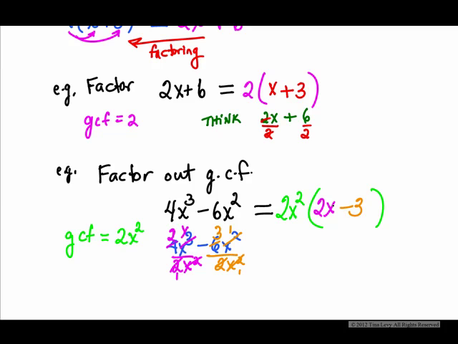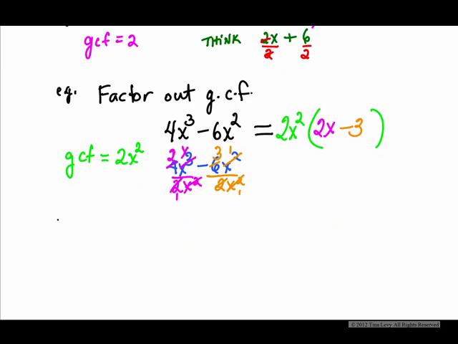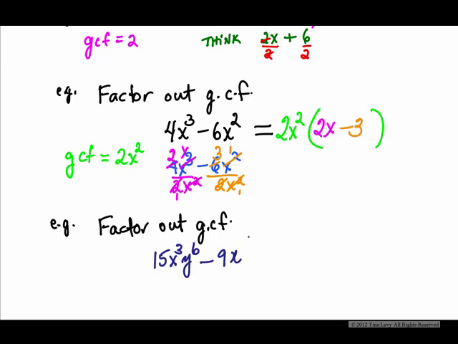Let's do one that's a little more complicated. Suppose I ask you to factor out the greatest common factor from the polynomial 15x cubed y to the 6th minus 9x to the 4th y to the 4th plus 12x squared y to the 5th.